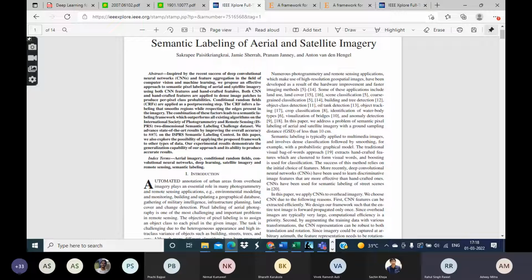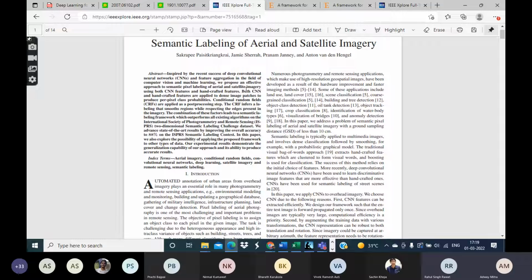Okay, so yesterday I was telling you about handcrafted features, like those filter outputs and so on. As opposed to CNN features, where the filters are not created by humans, but the filter values are learned from the data by the optimization process.